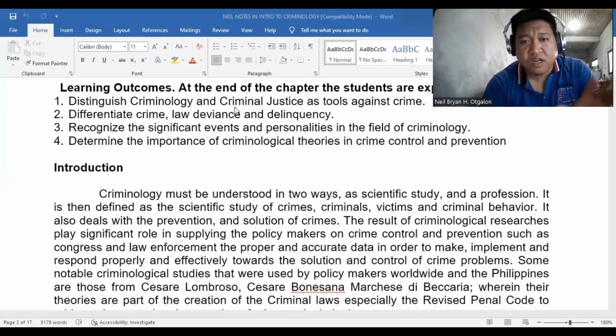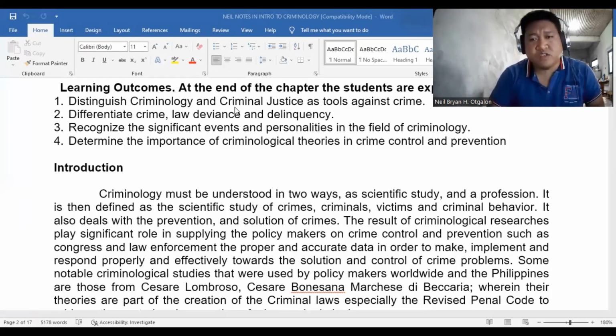Criminology studies crime and provides solutions to the criminal justice system, so that it will know the proper approaches on how to deal with criminals and how to make the enforcement of the law more effective.